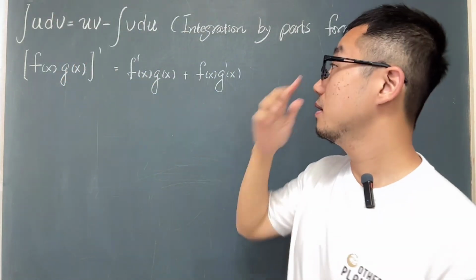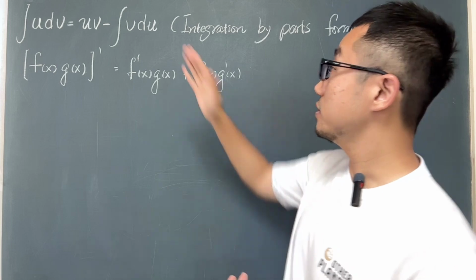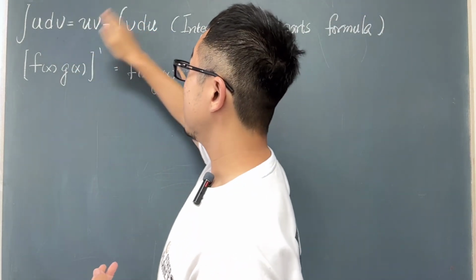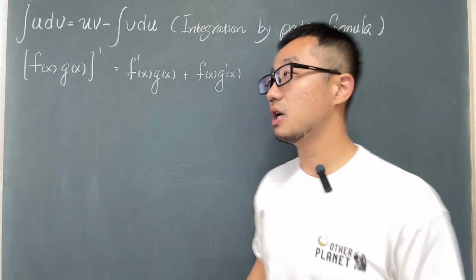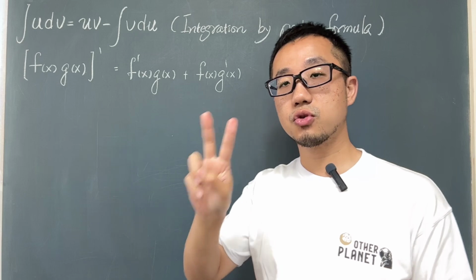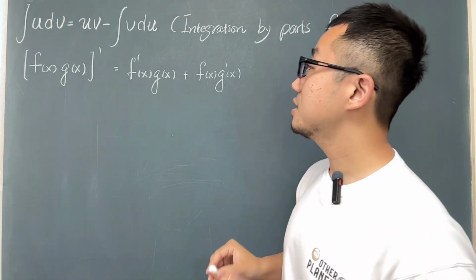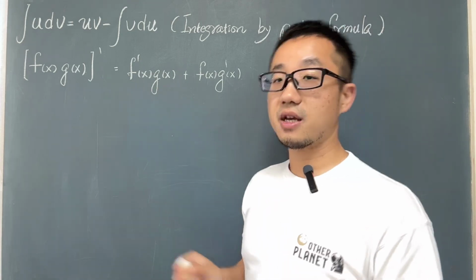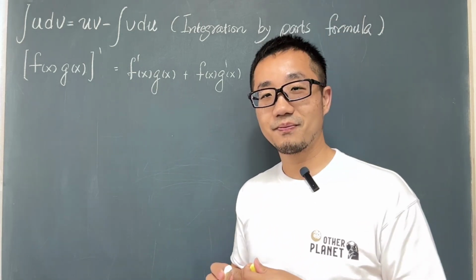Quite simple. But my goal is to prove this integration by parts formula: the integral of u dv is equal to uv minus the integral of v du. So I'm going to replace the f and g terms by u and v, these two symbols. I would like to let u equal f and v equal g.